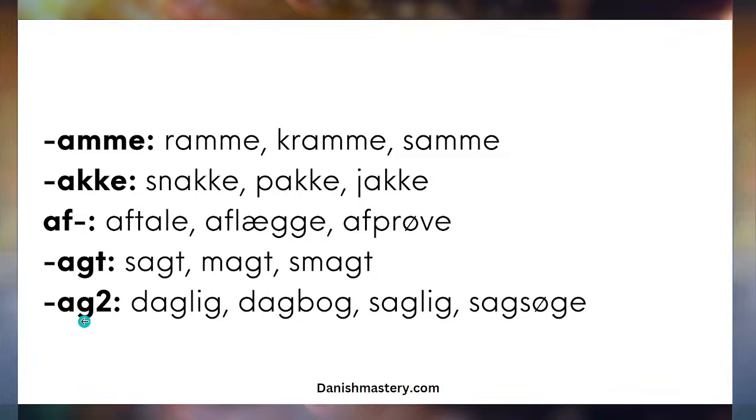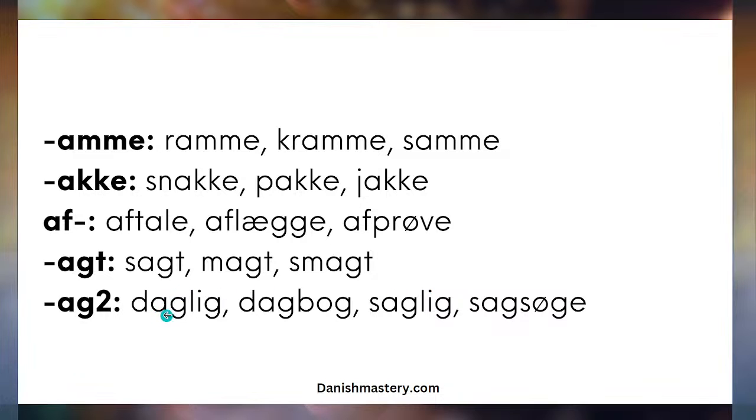Så har vi AG2. AG2 is different, right? Because there are certain words. It's kind of like with au. They become different when it's a compound word. I think like it's two words put together, or it's at least derived from one word. So something like daglig, dagbog, saglig, sagsøge.